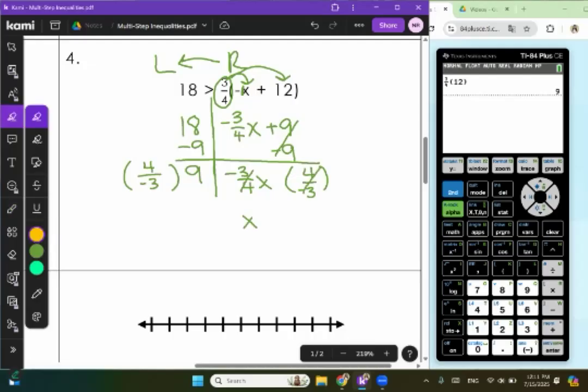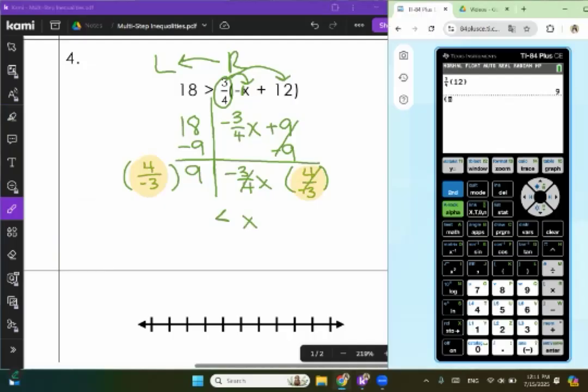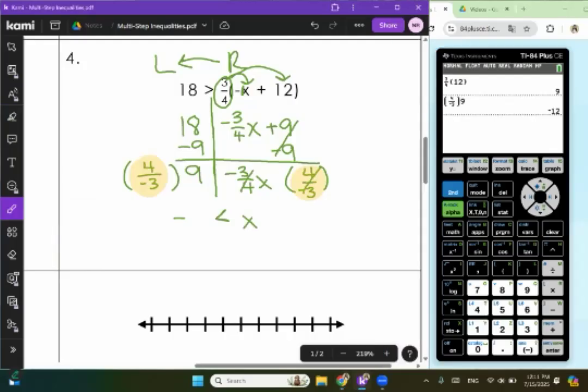But the number that is moving across, notice that number is negative. Because that number is negative, that's going to force us to flip that symbol. And 4 over negative 3 times 9 gives us negative 12.